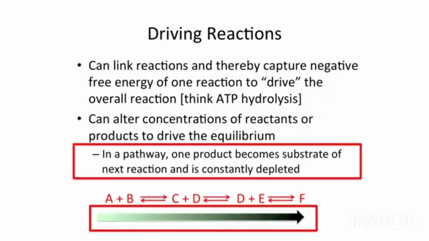And one example of that is in a pathway, one product becomes the substrate of the next reaction. And so you have A plus B goes to C plus D, D plus E goes to F. And so you have a consistent depletion moving in the direction of F as long as this overall energy change is negative. As long as the overall delta G is negative. And so by depleting substrates from one reaction and using them in the next reaction, you can drive pathways to a particular product.